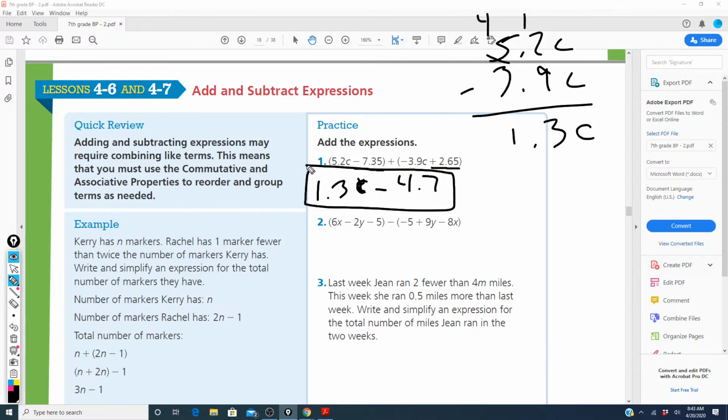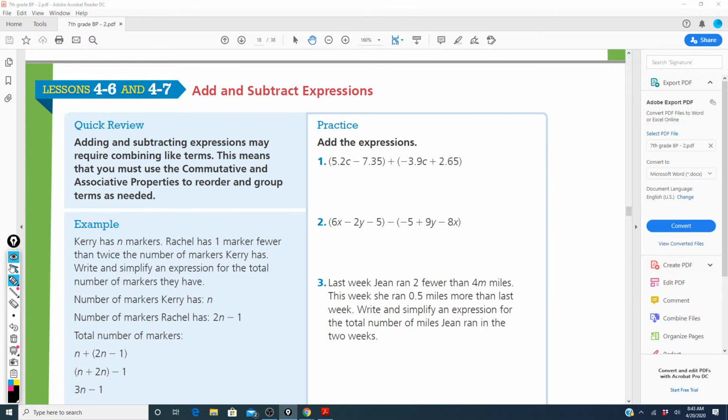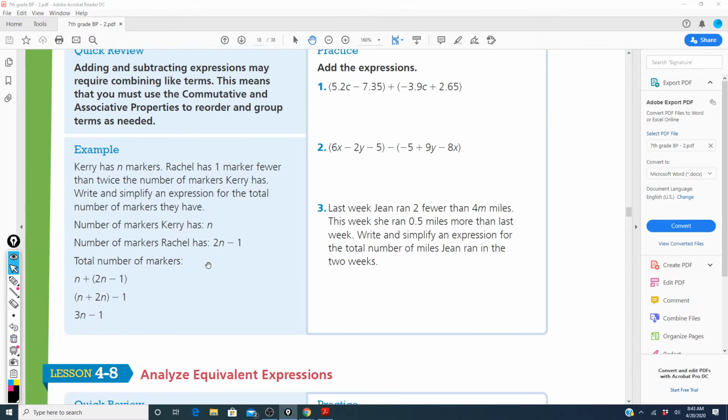Okay. Let's see what else we got here. Let's clear this. I want to scroll down slightly. When we change color, so let me change the color here. When we are subtracting two expressions, there is one aspect that we have to be able to do, and it's going to make a whole lot better sense once you do this.